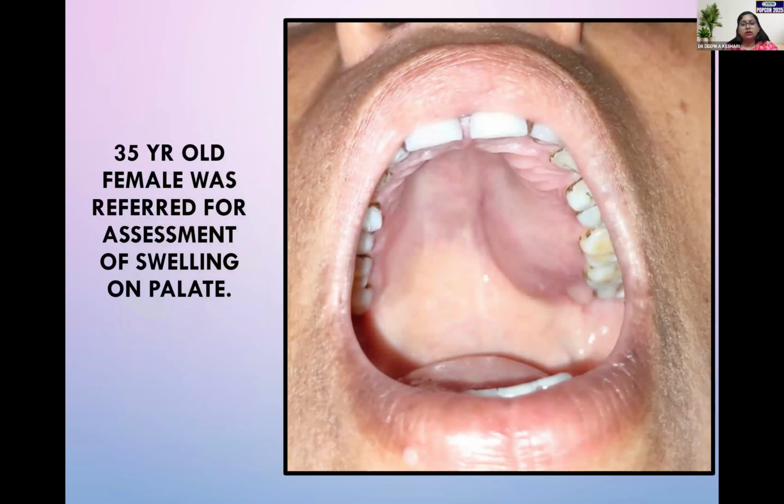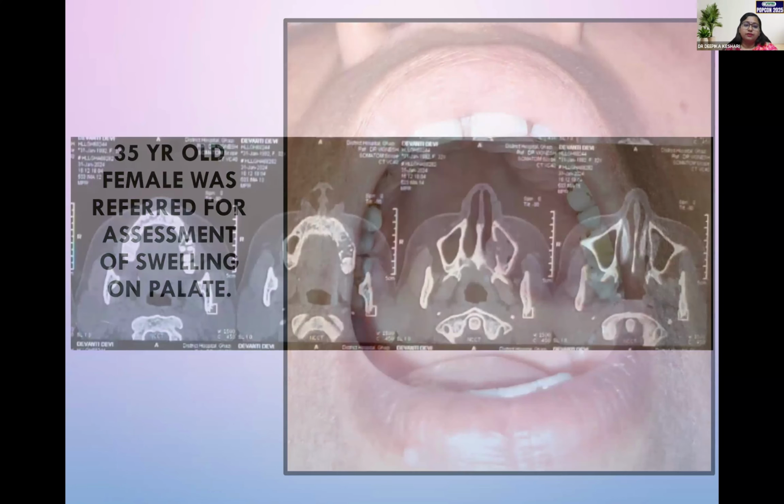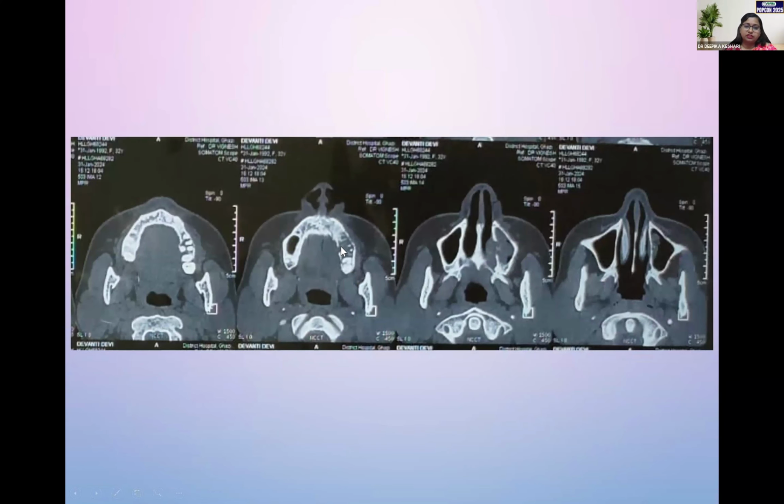We will also understand this with an example. This 35-year-old female patient was referred to us for assessment of a swelling on the palate. She had already undergone a CT scan. These are the CT sections of the patient. Here you can see that there is a mass or swelling over the palate, and there is erosion of the maxillary sinus wall and of the alveolar process.